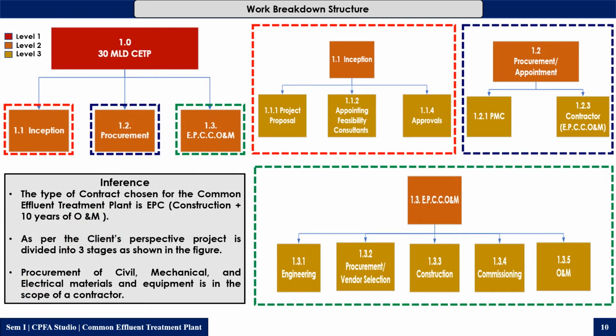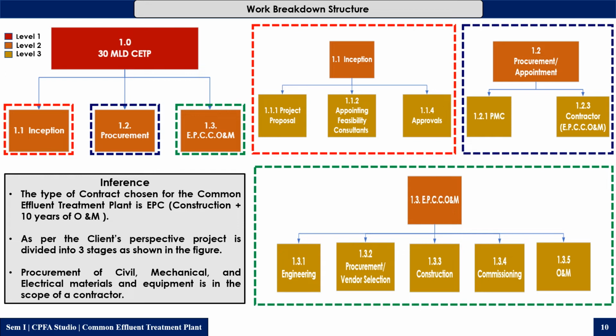Then as a part of the feasibility study, we have also prepared a work breakdown structure for the project from the client side. So we have divided this project into three main phases: inception phase, procurement phase, and EPCC and O&M phase. Inception phase involves project proposal, appointing of feasibility consultant, and approvals.